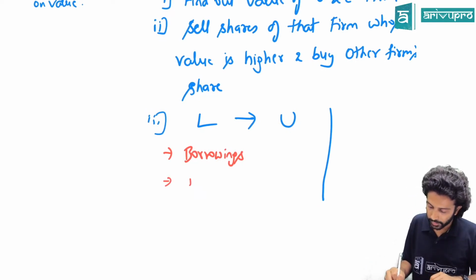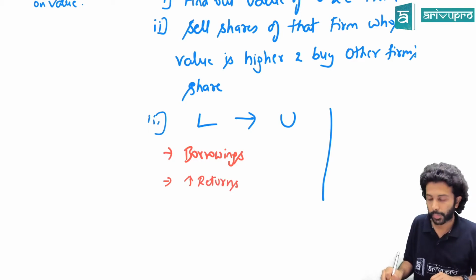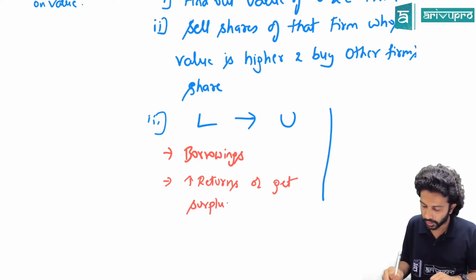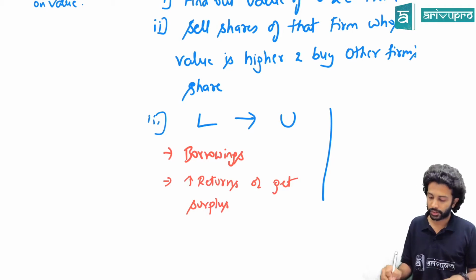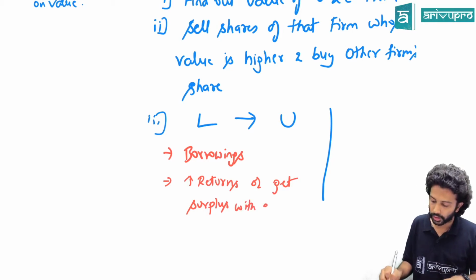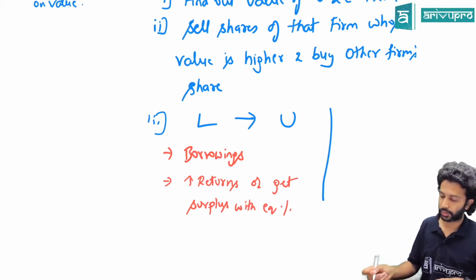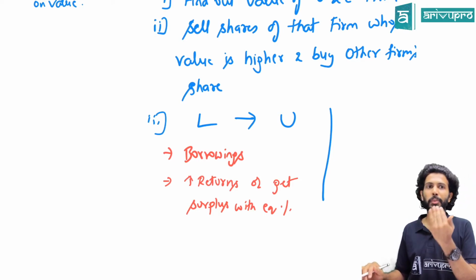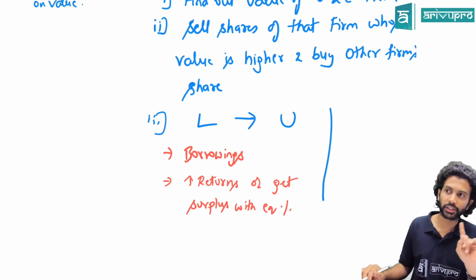Either you can increase the returns or you can get surplus money with the same equity percentage. We'll not increase the equity percentage, but our amount of investment will reduce. Hence, we get something known as a surplus.